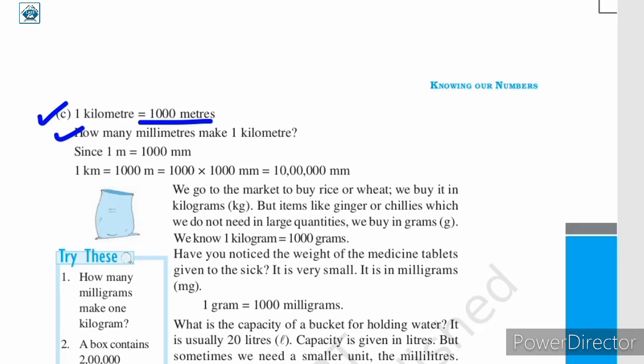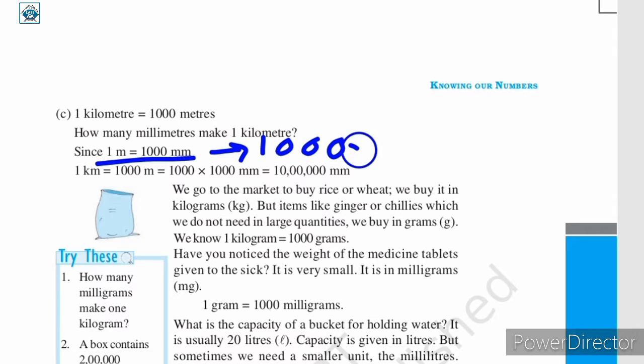Now we are asked how many millimeters make 1 kilometer. So 1 meter is equal to 1000 millimeter. We already know that. And 1 kilometer is equal to 1000 meter. Now for making this 1 meter into 1000 meter, we will multiply it with 1000. So we will multiply 1000 millimeter with 1000 again.